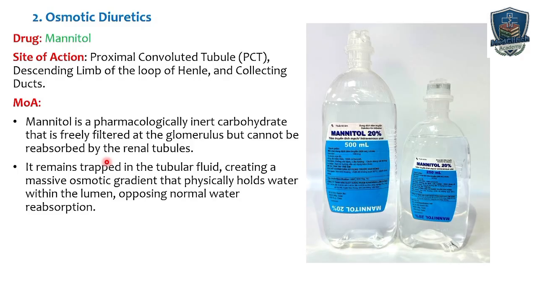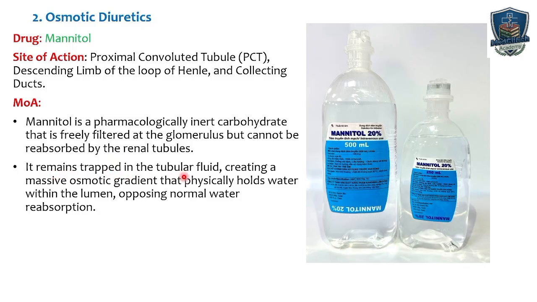It will lift the concentration of the filtrate higher than the medulla, retaining the water inside the descending limb. So a lot of water will be excreted. The osmotic pressure that tends to happen in the descending limb won't be there because of the presence of this inert carbohydrate. So there will be a lot of fluid in the urine.